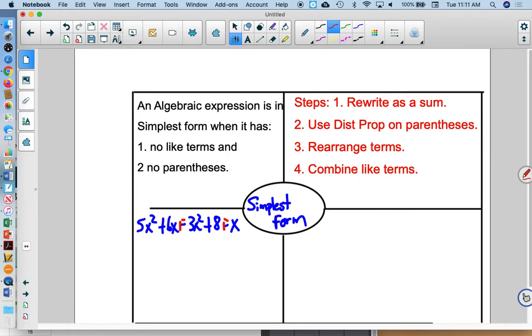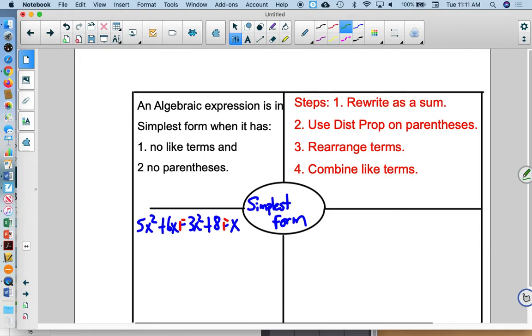Okay. Now, step 2 says use distributive property on the parentheses. Do I have any parentheses? No, so I don't need step 2, do I? No. Step 3 says rearrange the terms. And I'm going to put things together that are the same, right?